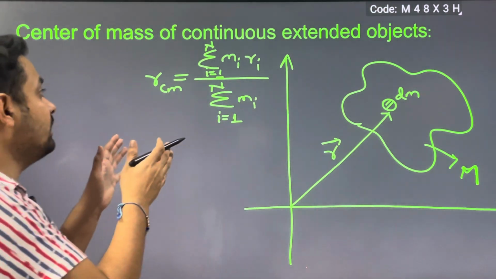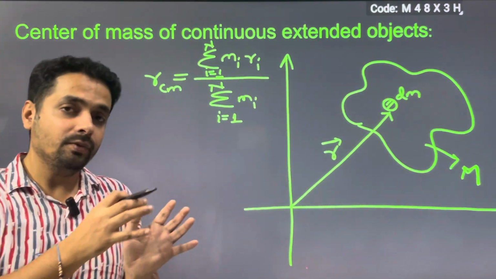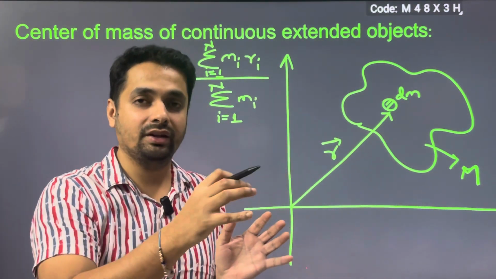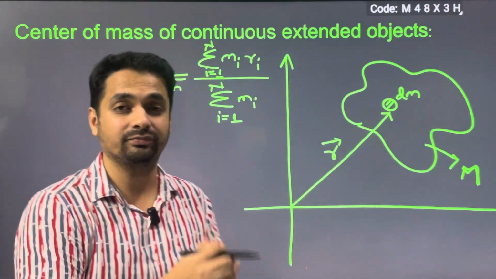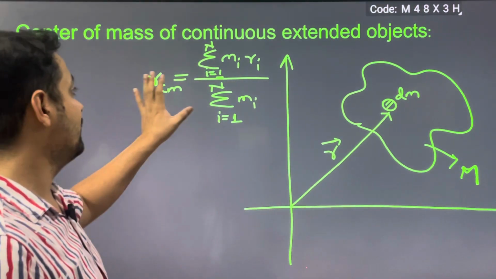So this was the concept behind it. If there are many particles, for example n particles in a system, we find the center of mass in this way.